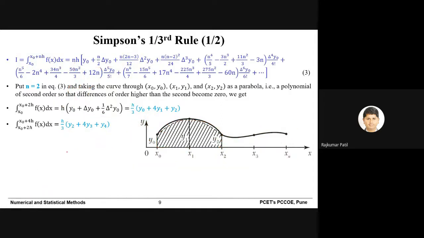So this is how we develop the equation for the second parabola, and we will repeat this process till x becomes xn, and for that the area will be h by 3 into bracket y n minus 2 plus 4 y n minus 1 plus yn.